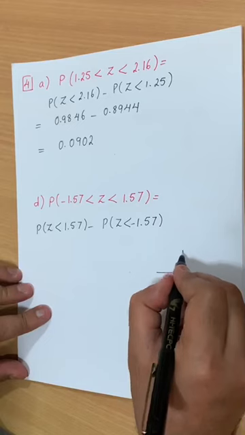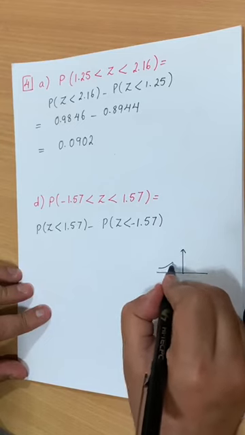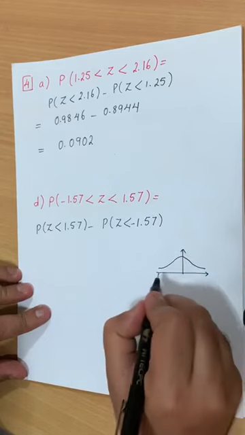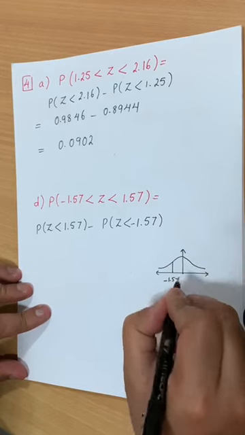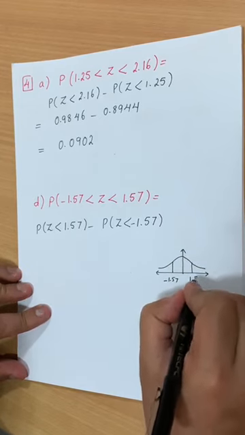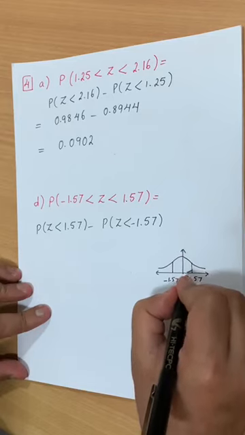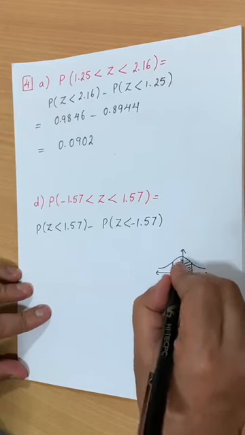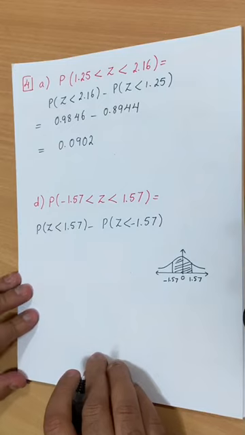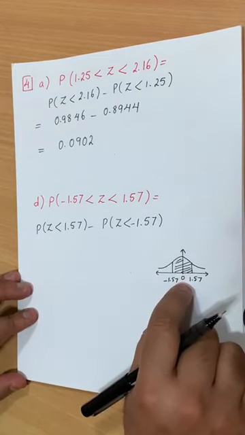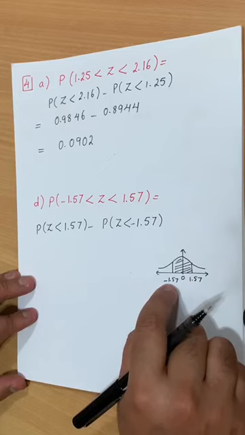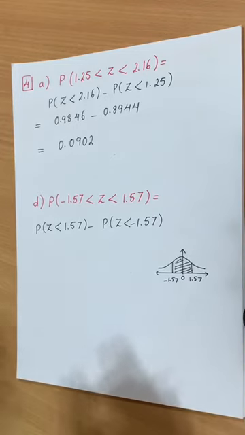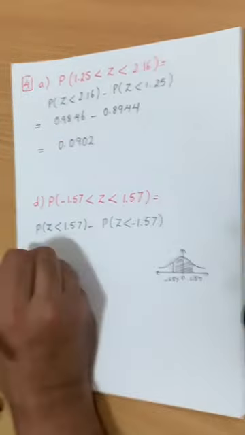On the curve, this is negative 1.57 and this is the positive 1.57. It's required to find this area, and this is the 0 in the middle. As you see, the area from 0 to 1.57 is the same as from negative 1.57 to 0. So you can find the area of one of them and just double it.